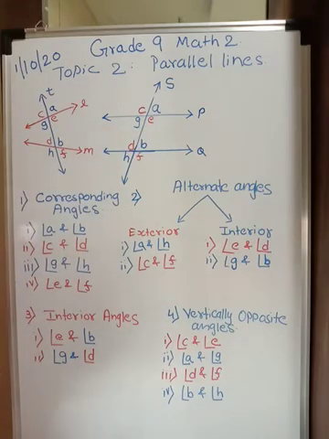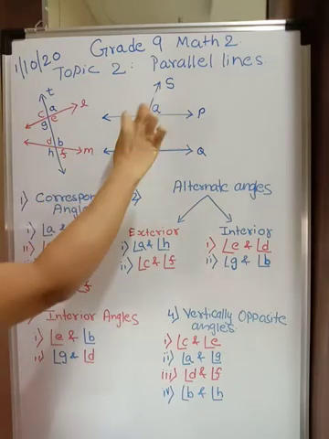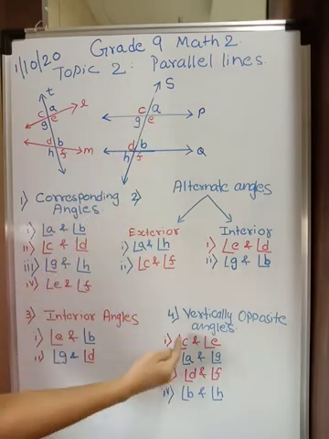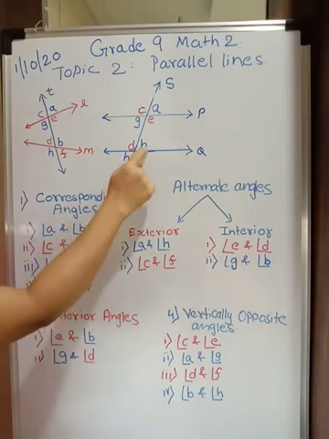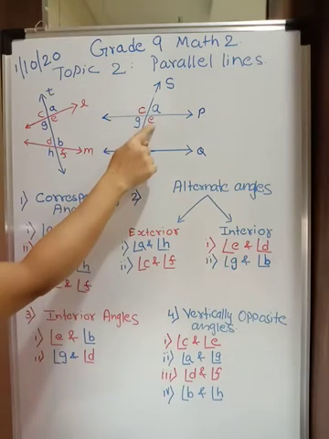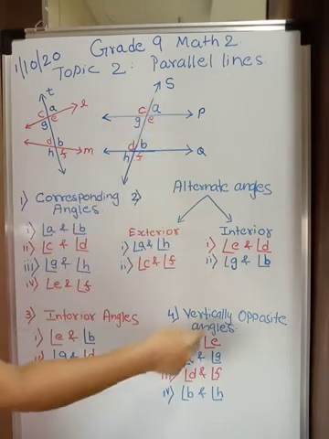In this case, how many pairs are there? 1, 2, 3 and 4. So you have 4 pairs of vertically opposite angles. D and F, H and B, C and E is one pair, angle G and angle A forms another pair.